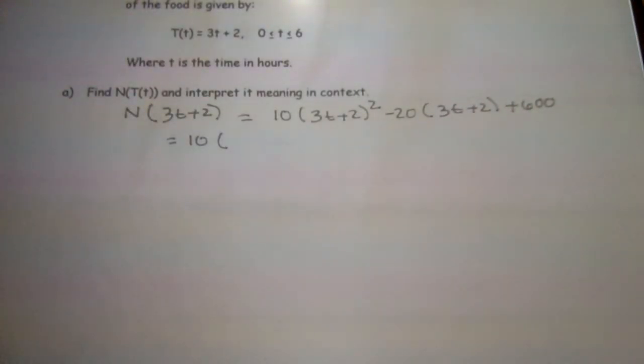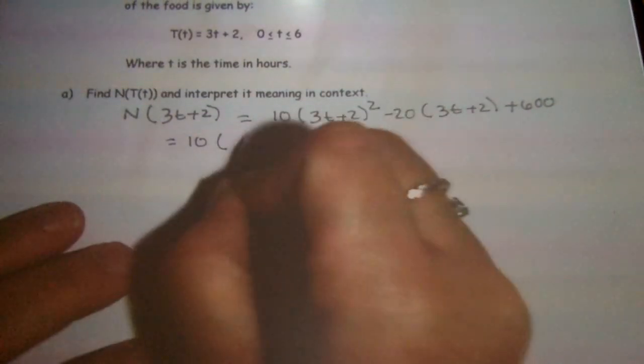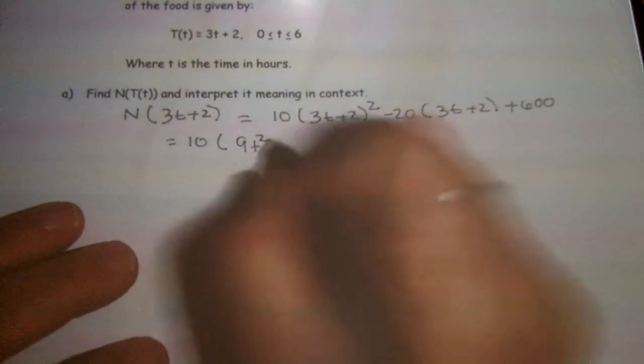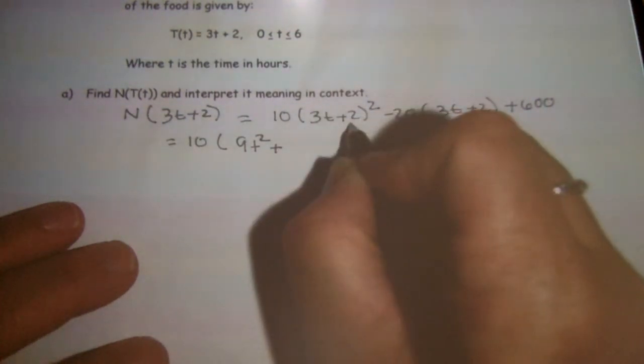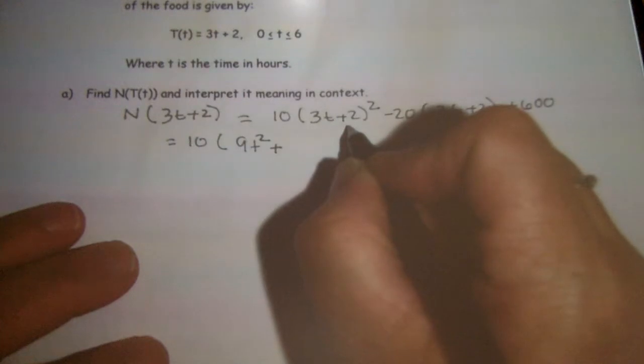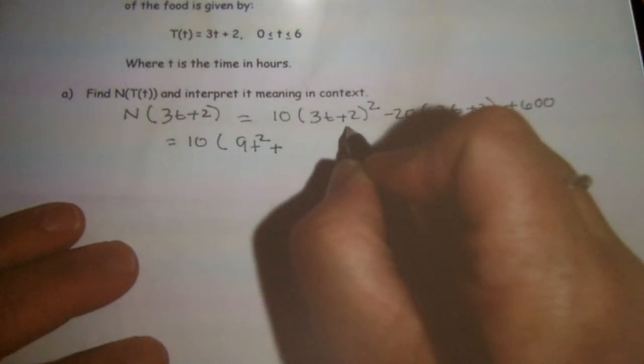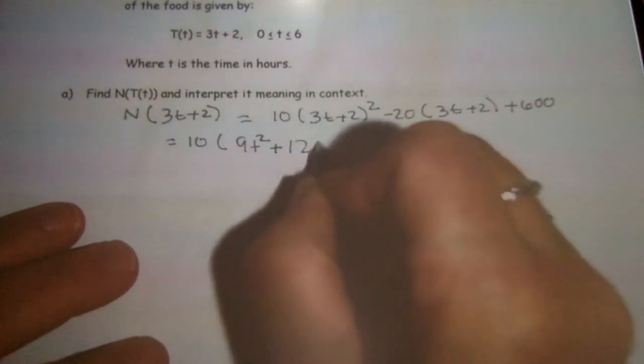So what's 3t plus 2 squared? Let's use our shortcut. Square the first term, what's that? 9t squared. Middle term, are these two multiplied together? So 3t times 2. 6t, and double it. 12t.